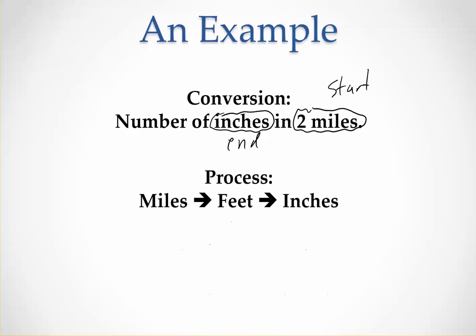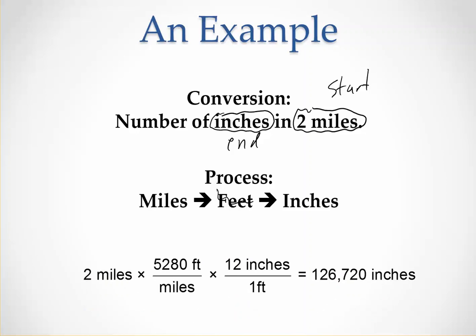So we can set this up. The process we're going to use, we're going to go from miles to feet to inches. Now, if you went to Google and typed in miles to inches or inches to miles, you could skip that middle part. So it's not required you follow this, it just depends on the units you have.